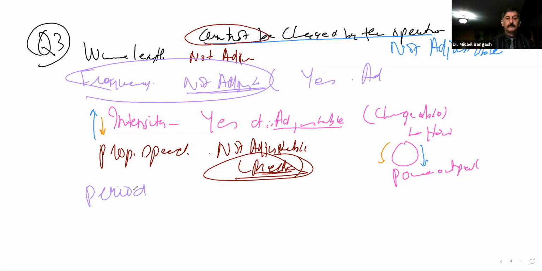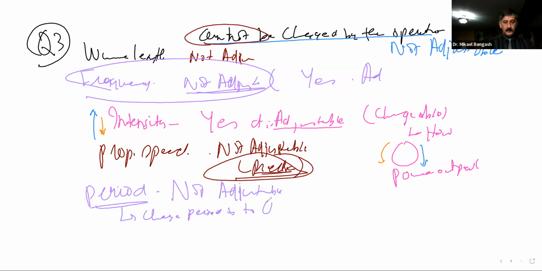So is your period, with or without the initial part of the phrase here, not adjustable. The only thing that you can do to change the period is to change the transducer.